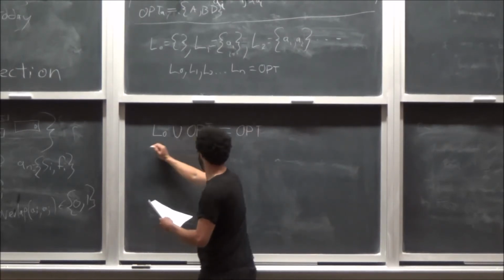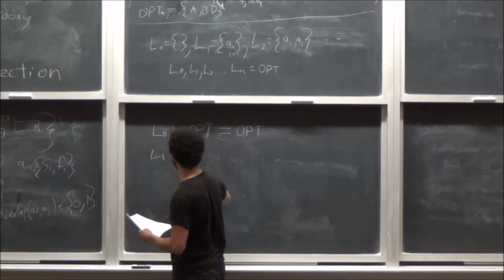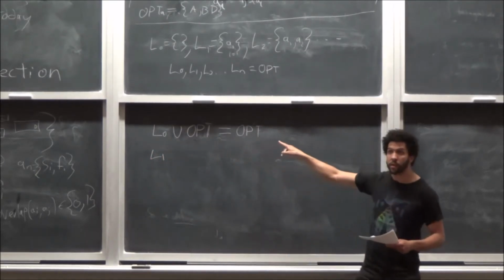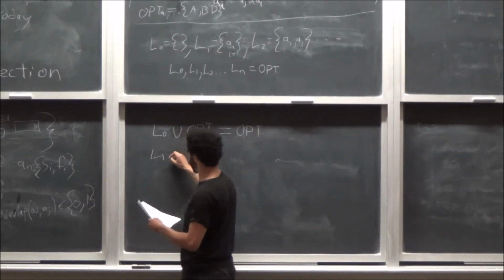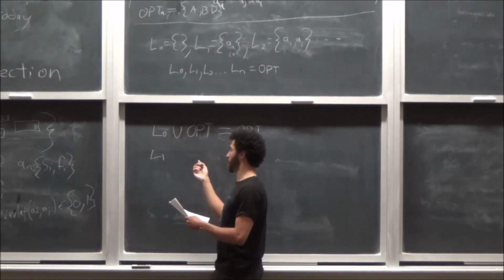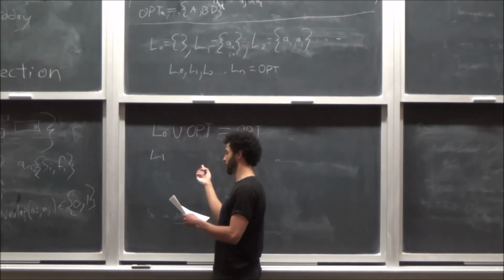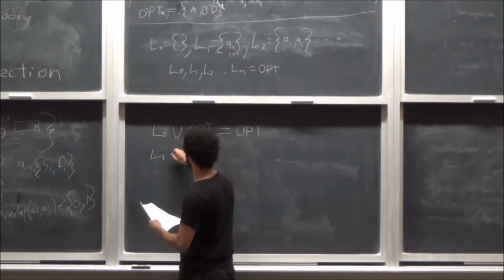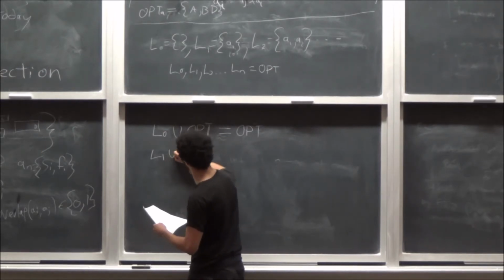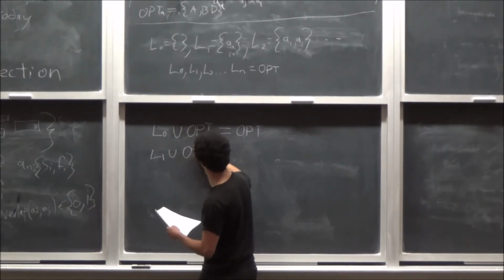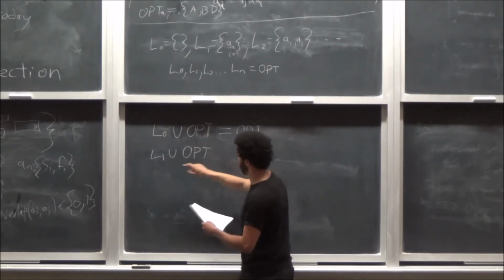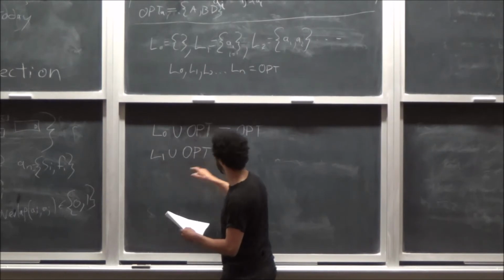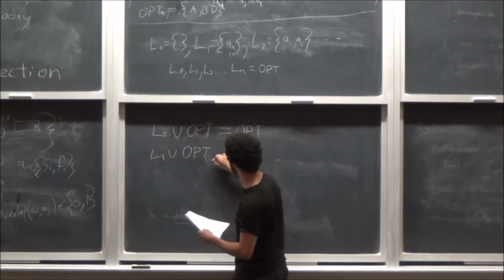It also turns out if we take L1, and we know that the optimal set is a sequence, then we have this special L1, and if we have L1 plus the optimal set, so this is i equals 1 here, so we take the second element in the set all the way to n.